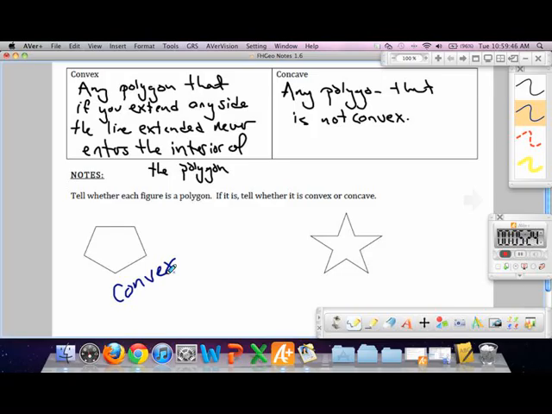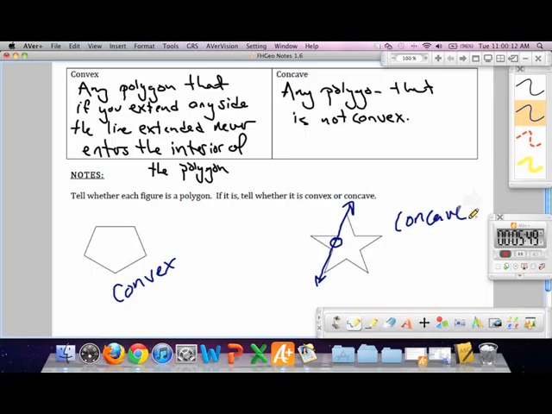Draw me one of the segments to show me that it's concave. How would you prove to me why? Yeah, that any line extends inside of it. If we extend this one, then you've got that piece right there. So it's got to be concave.